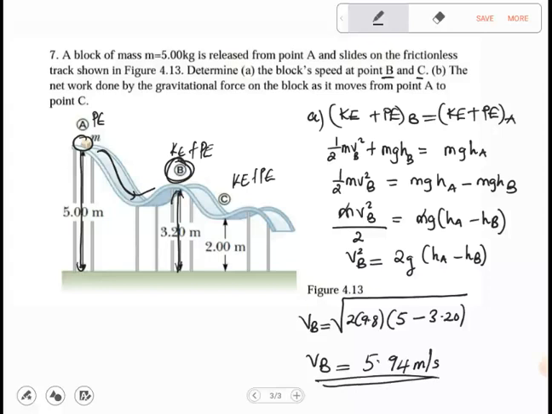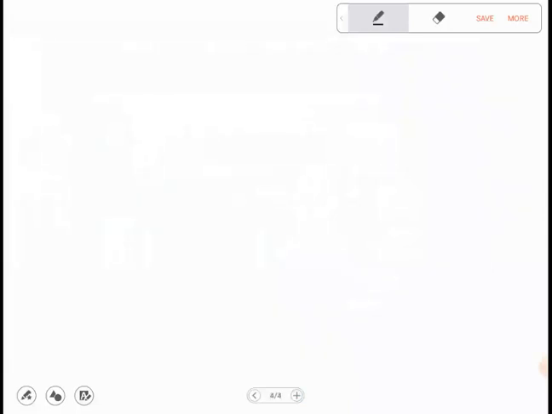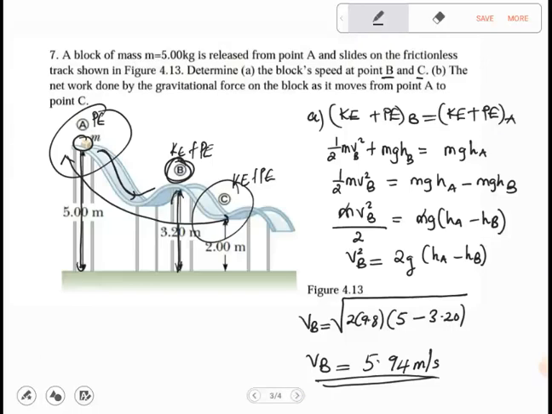Now, the next part says the net work done by the gravitational force on the block as it moves from A to C. As it moves directly from A to C, we just have to find the energy at A and the energy at C, then we subtract. That will be the net. So we are talking about the work done by the gravitational force.